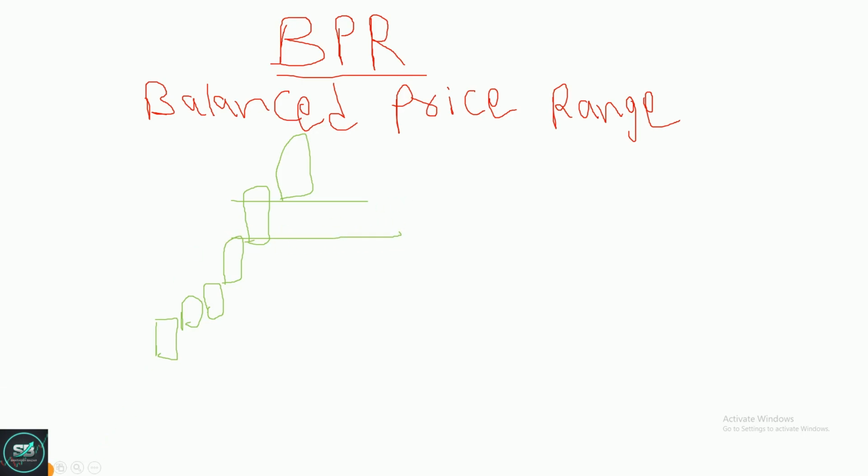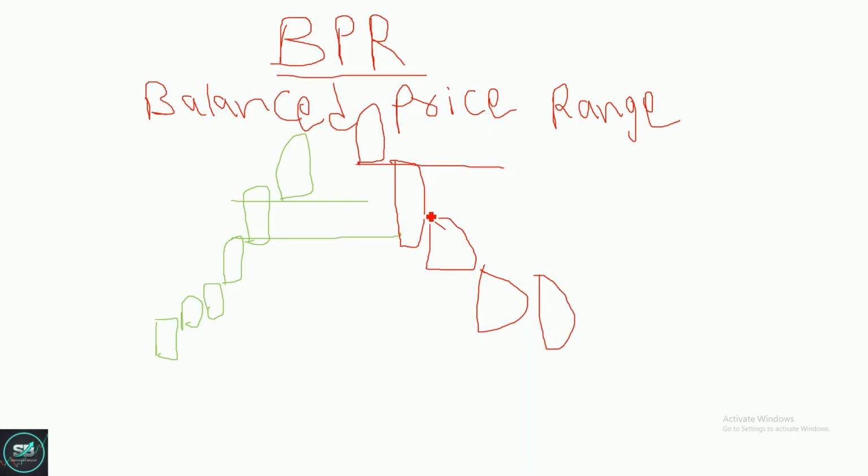And suddenly the trend will reverse here, and here you will be seeing a bearish FVG also. So now here the bullish FVG and bearish FVG are both overlapping at one place.